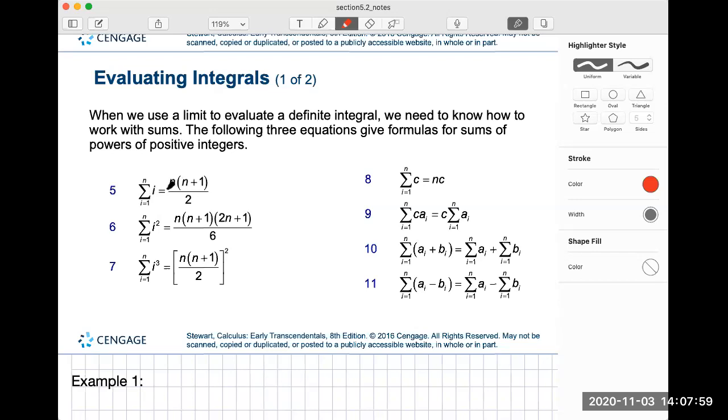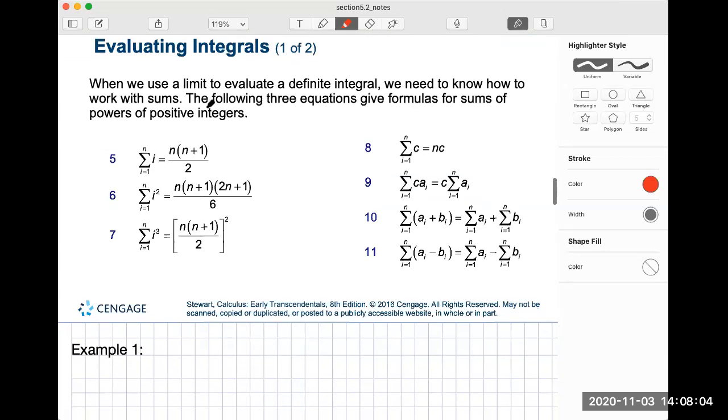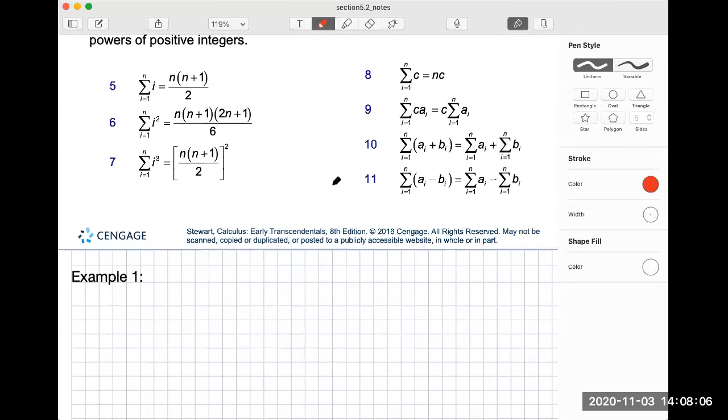For the number 5, it's not hard to see. You can imagine this: the sum 1 plus 2 plus 3 plus 4 plus 10.